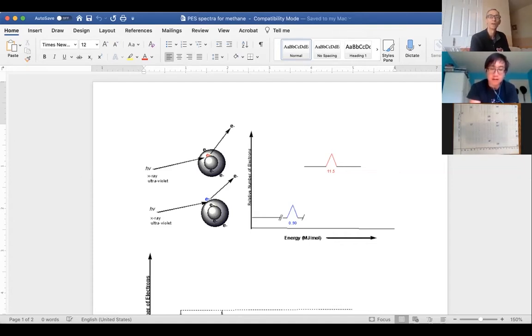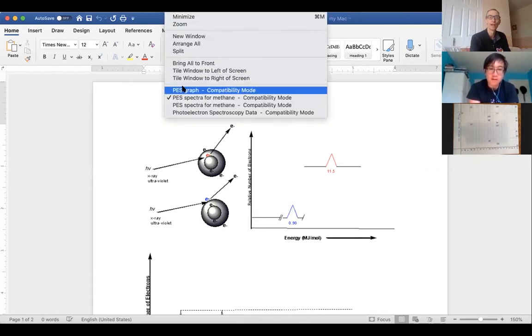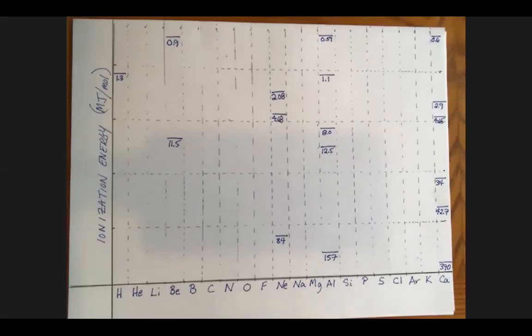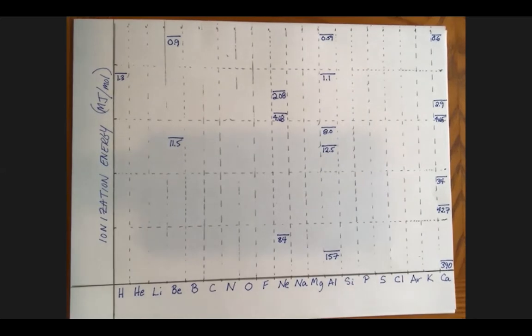I get it. So everybody, including you and I, should have up a graph that looks like this. You'll see that yours and mine look the same, except that I hand wrote mine rather than having the printed copy. But basically, if you look along the bottom of this graph, we're going to look at the first 20 elements of the periodic table.